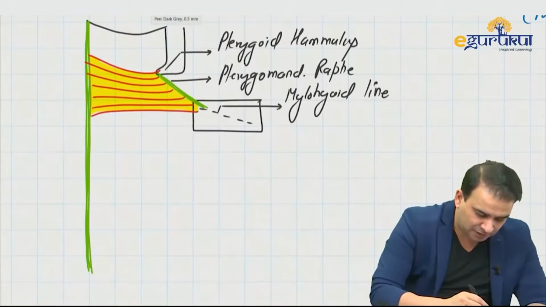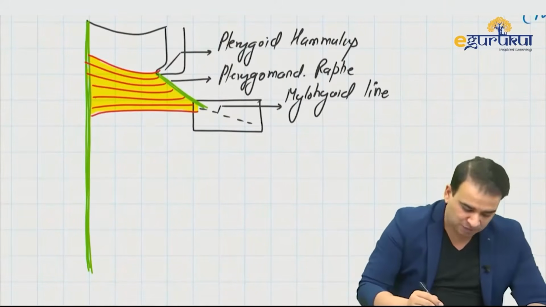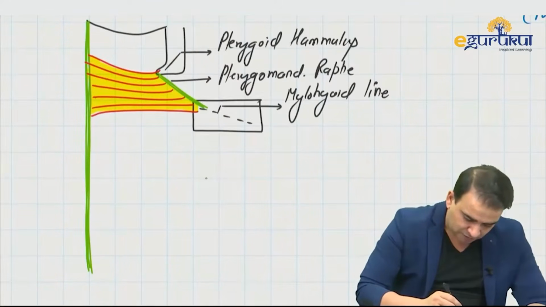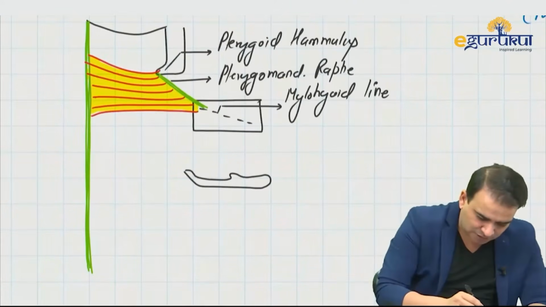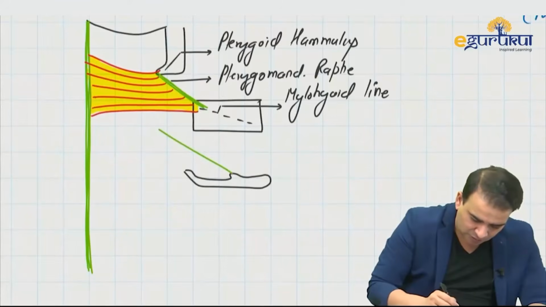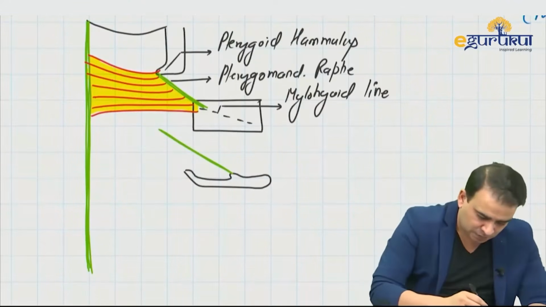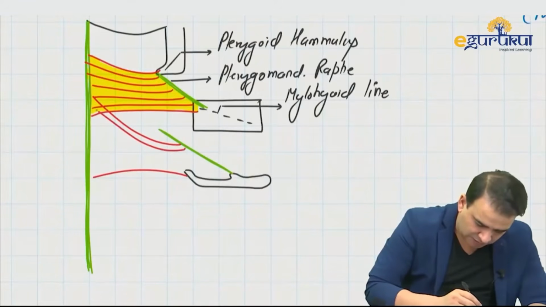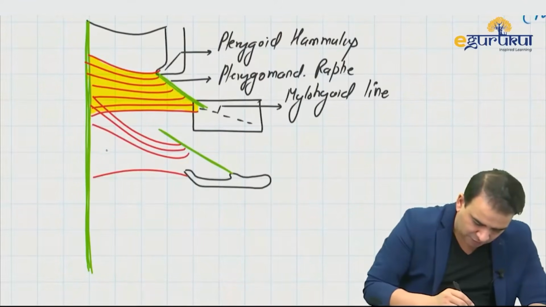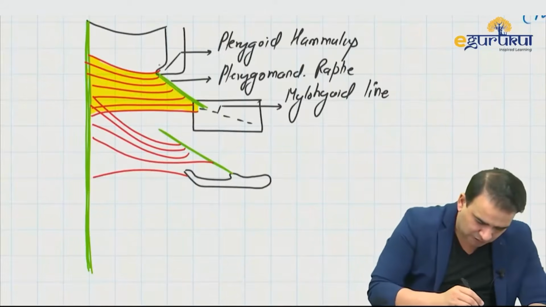Then we have the middle constrictor muscle, which is originating from the hyoid bone. So if I put the hyoid bone here, that is the greater cornua, here's the lesser cornua, and attached to this lesser cornua is the stylohyoid ligament. So the middle constrictor muscle will originate from this ligament and will go something like this. It is coming from the ligament, from the greater cornua as well as from the lesser cornua.